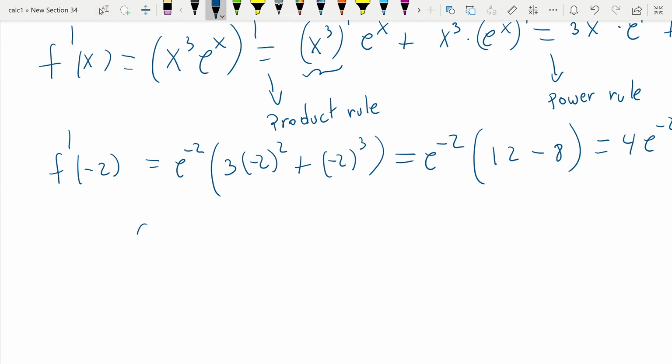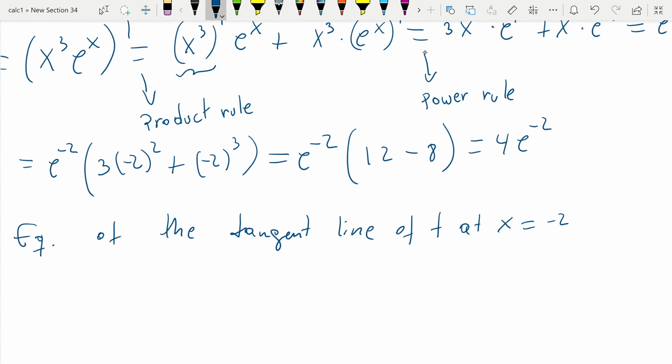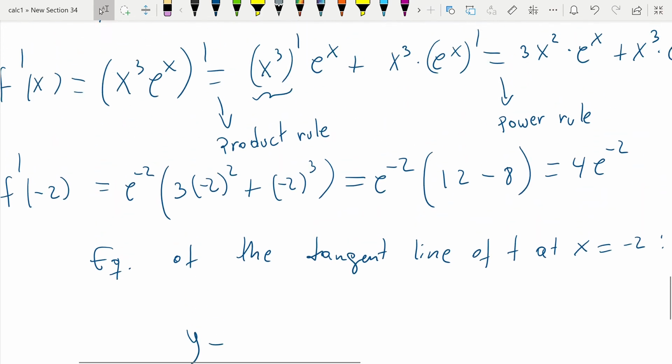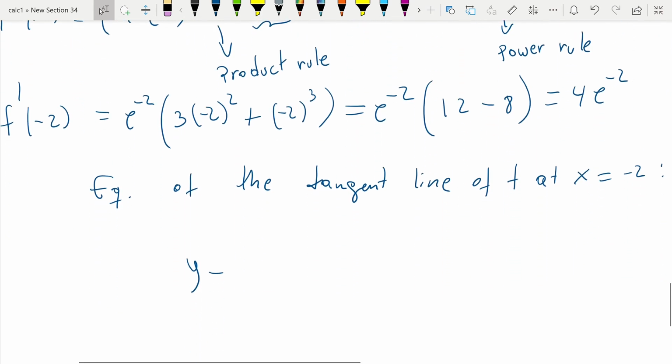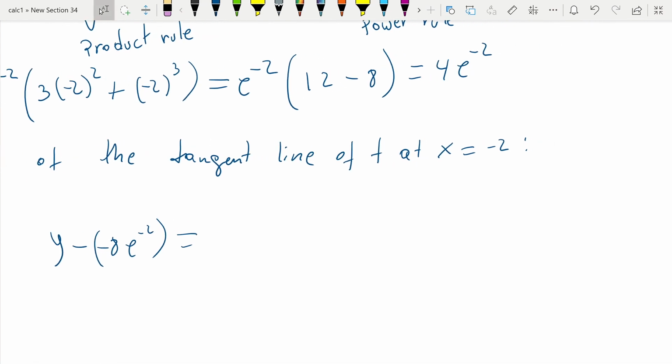So what is the equation of the tangent line then? It's y minus f of a, and we just computed that f of a is equal to -8 times e to the -2, and this is equal to f prime at -2, which is 4 times e to the -2, times x minus a.